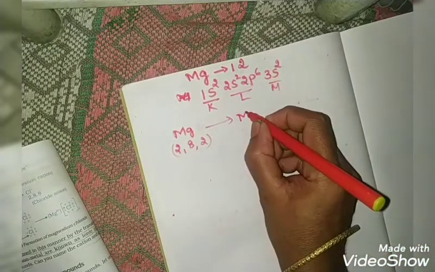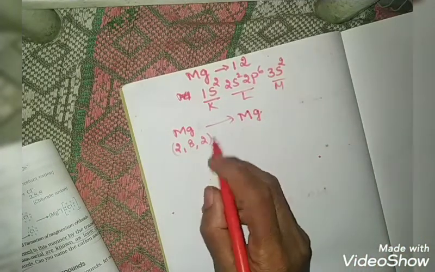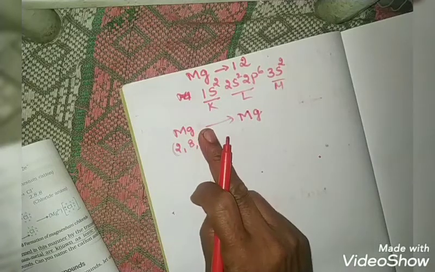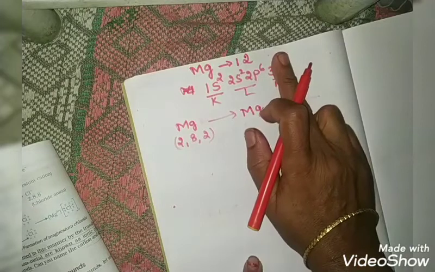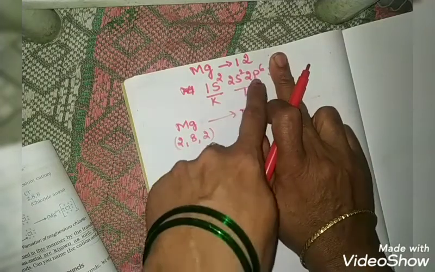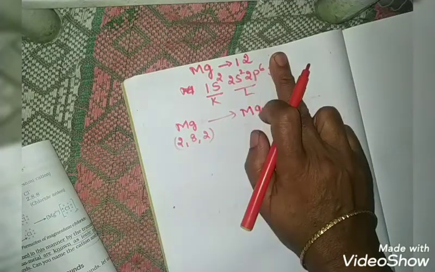So it becomes magnesium and it will lose 2 electrons. Clearly you can observe, children, if it loses 2 electrons, it gets octet structure, correct? 6 plus 2, 8.